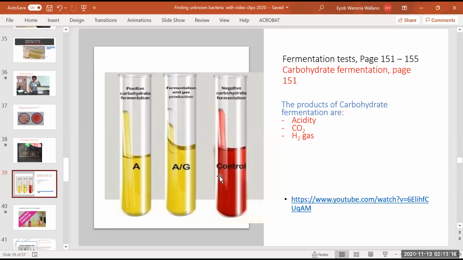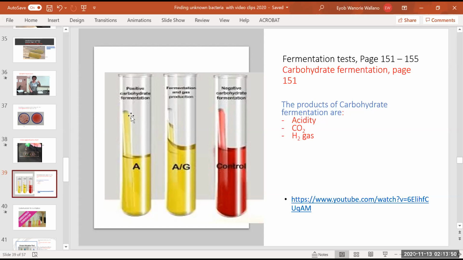Here you have, for example, tryptose broth, adding certain chemical, color changing here as a control. And then this one, look now, it is going to grow. Bacteria is changing the color. You see, it is acidic. And then it forms a gas also. How do you know it? Look now, this tube itself makes a meniscus at the bottom. That meniscus is positive for gas formation, and also empty at the top, gas formation, you see now.